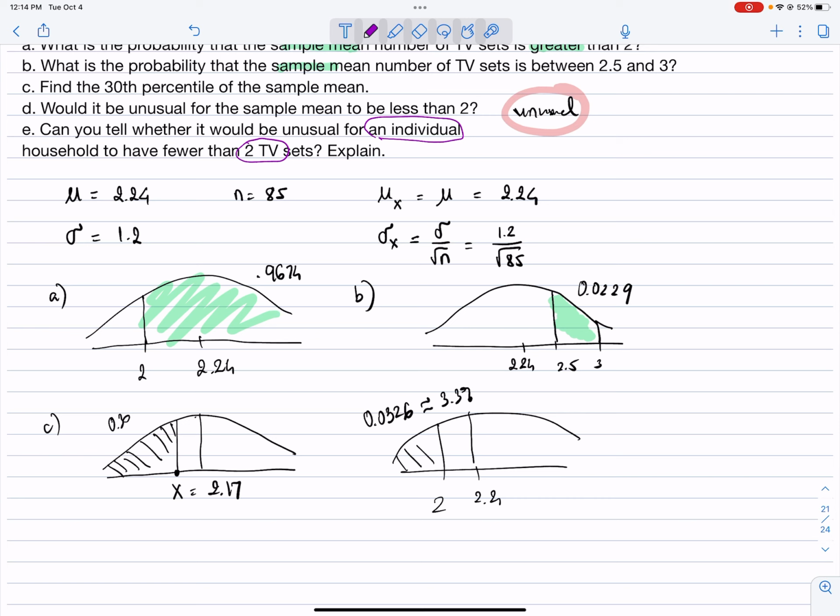We're just talking about the probability being unusual, not whether the specific family is unusual. So can you tell whether it will be unusual? We said that we cannot tell, because the word unusual is reserved for probability only.